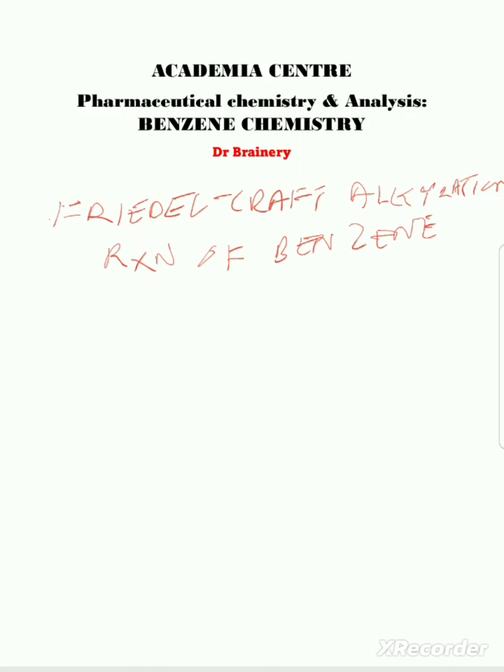So let me just write a general reaction. A general reaction goes like this. When a benzene, so this is a benzene, reacts with any alkyl halide, it can be methyl chloride, methyl bromide, ethyl chloride, ethyl bromide, or propyl, any, as long as it's an alkyl halide.